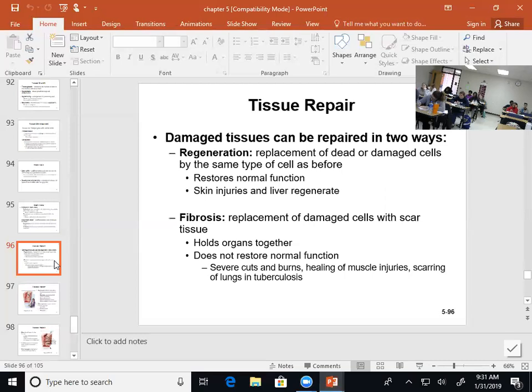But let's think about the skin. Nobody cares about little scars on the skin, but suppose there's been real burns, and you've lost huge margins of skin. And now there's fibrotic tissue covering those.